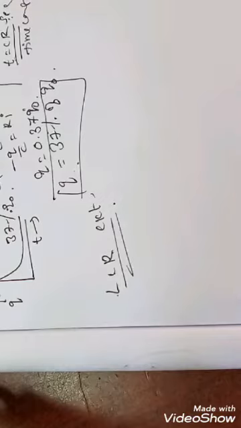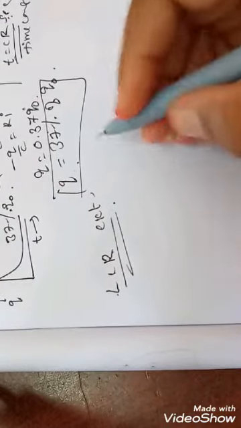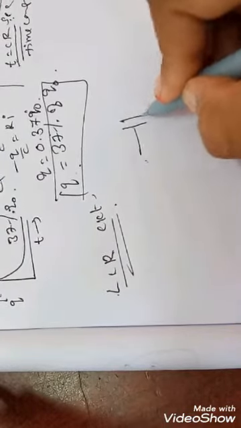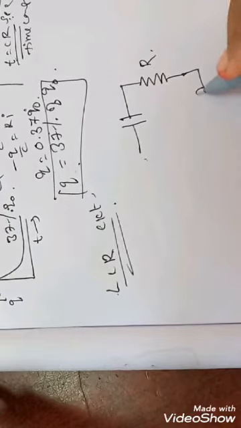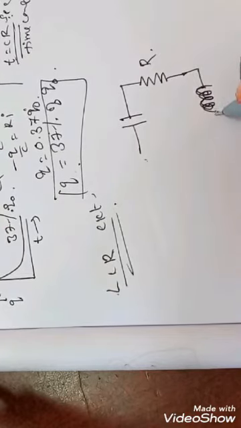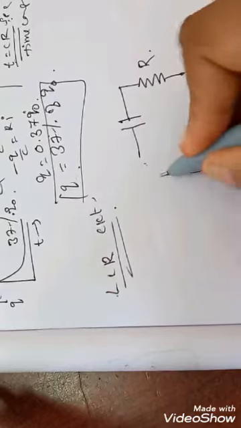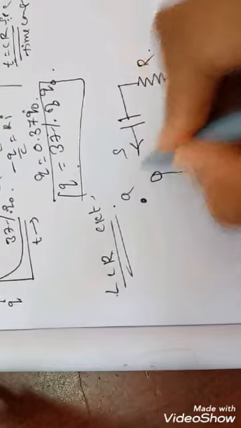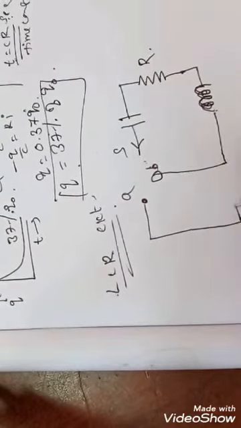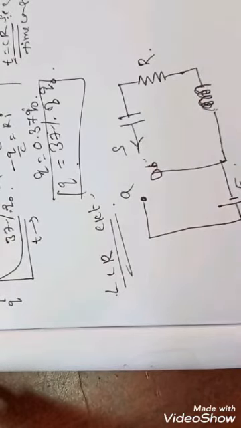The circuit will have a capacitor, resistor and inductor connected in series, with a Morse key or switch, point A, point B, and an external source of EMF E.